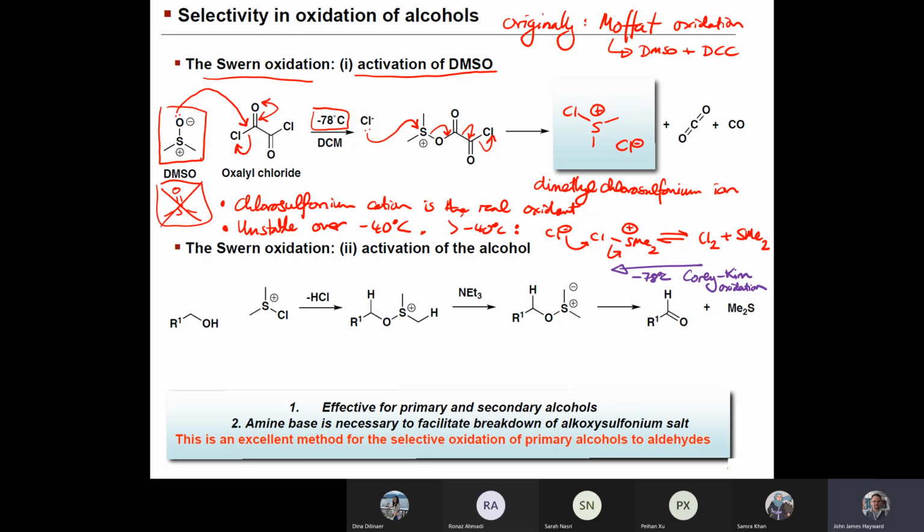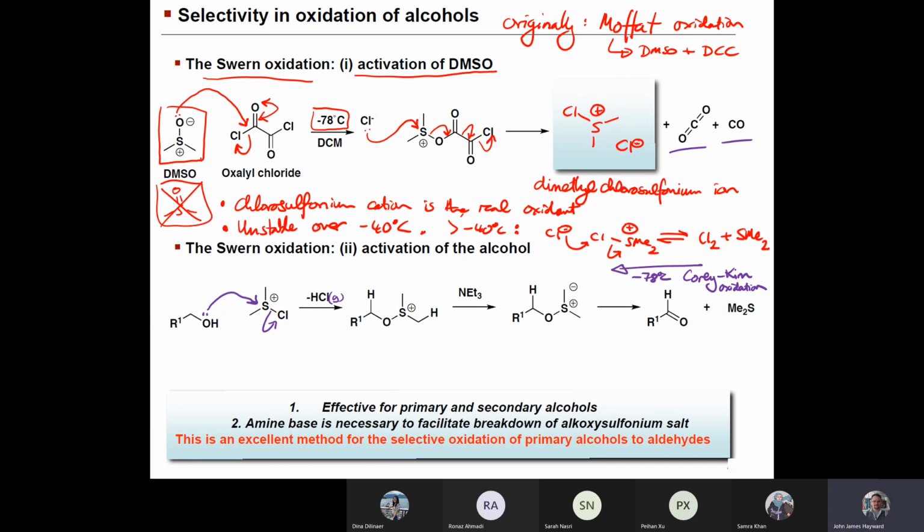Okay, so now we've made our chlorosulfonium ion, what do we do with it? Well, we take the lone pair of the oxygen, which attacks the sulfur, kicks out our chloride, and we lose HCl gas. So there's a lot of gas being produced in this reaction. One equivalent of carbon dioxide, one equivalent of carbon monoxide, and then HCl gas as well.